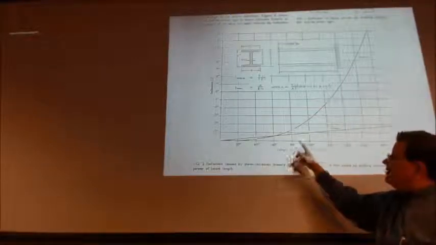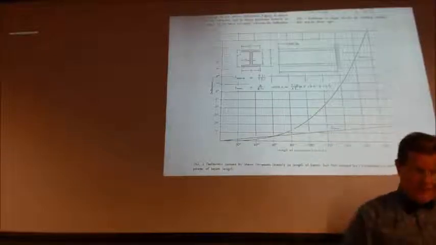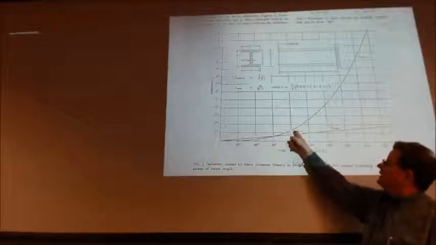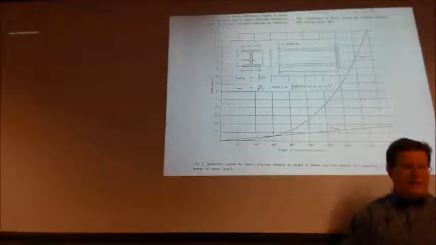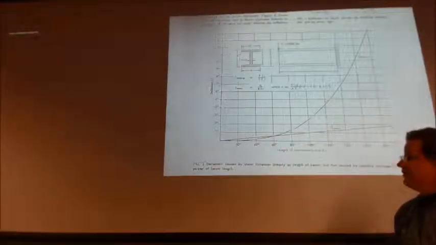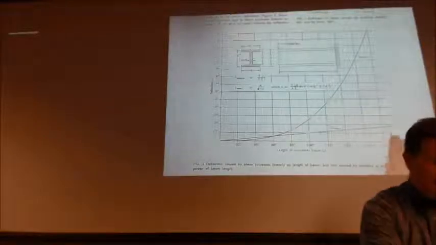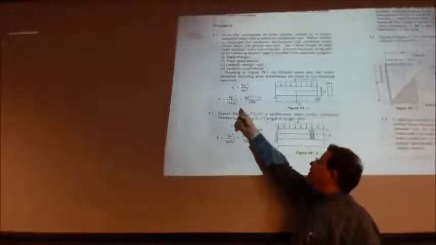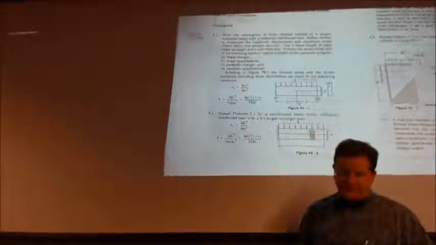Since we're considering our beam a short beam because we're 8 to 1, we're back in here. So shear still has a pretty substantial effect on our deflection. So that's why it's included in this equation: the bending and then the shear.